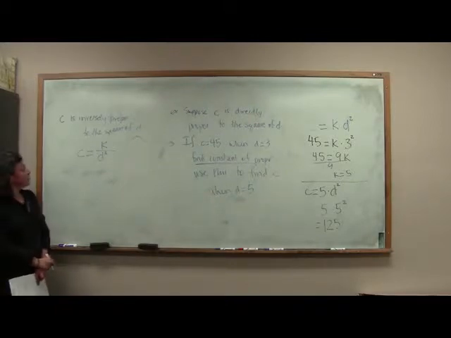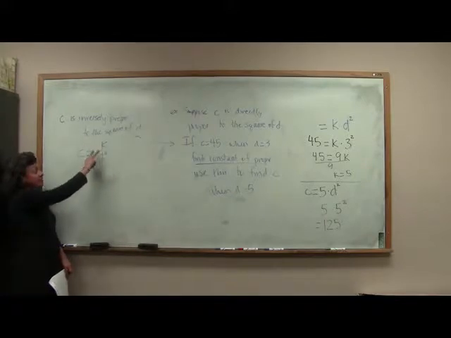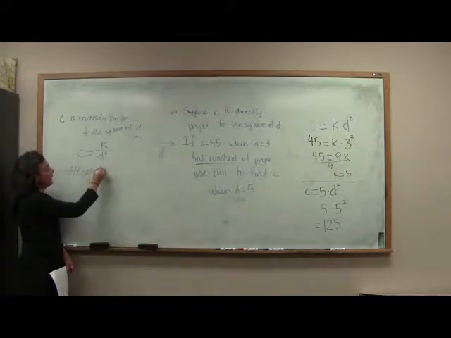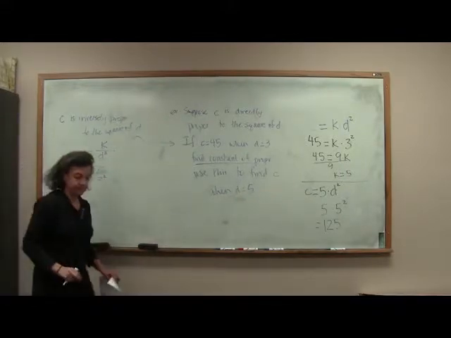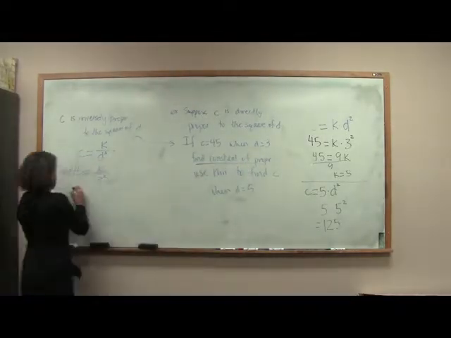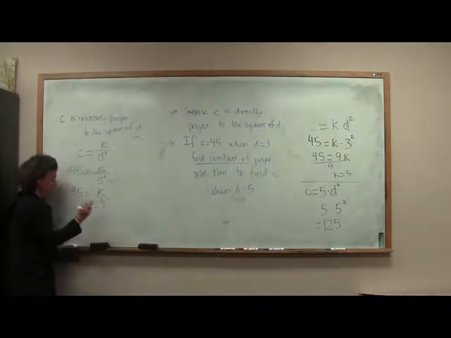All right. Well, the first thing we've got to do now is find our value of K. What do we know? C is equal to 45 when D is equal to 3. Okay, so now what we have is 45 equals K over 9.